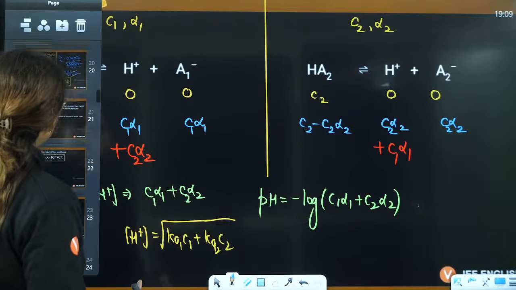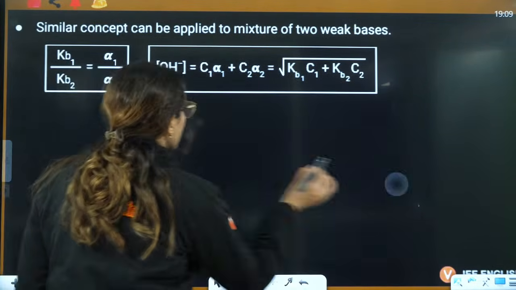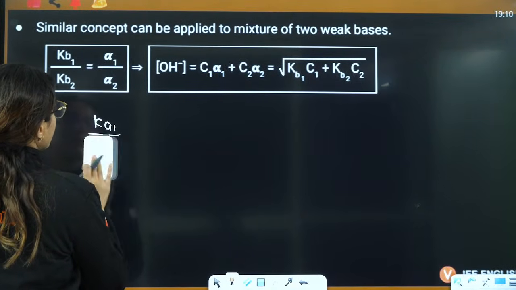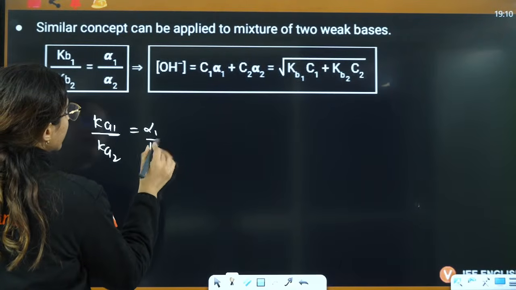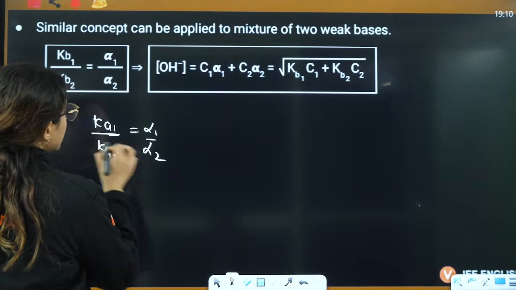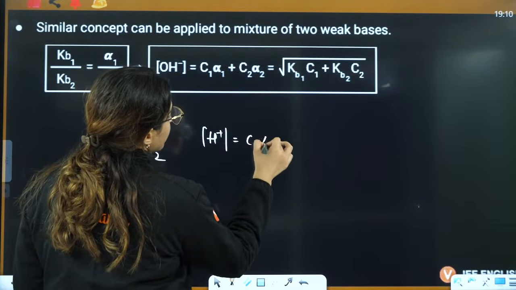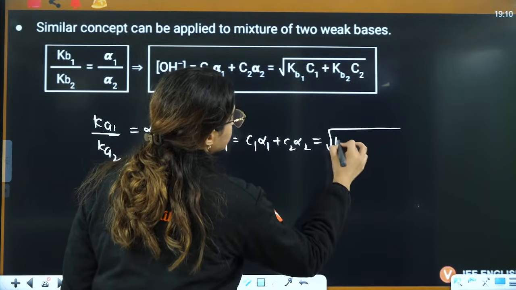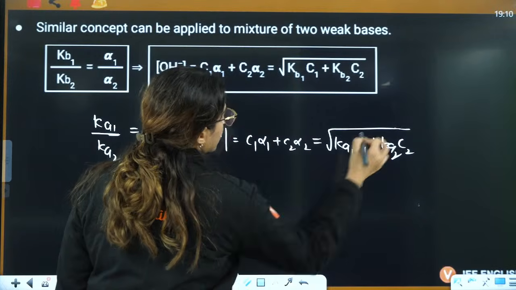You just have to understand the last page here. Ka1 by Ka2 is equal to alpha 1 by alpha 2. This is one. The H positive concentration is C1 alpha 1 plus C2 alpha 2, or it is Ka1 C1 plus Ka2 C2.